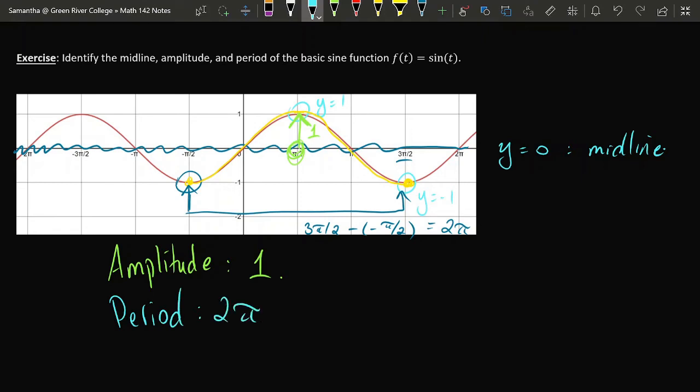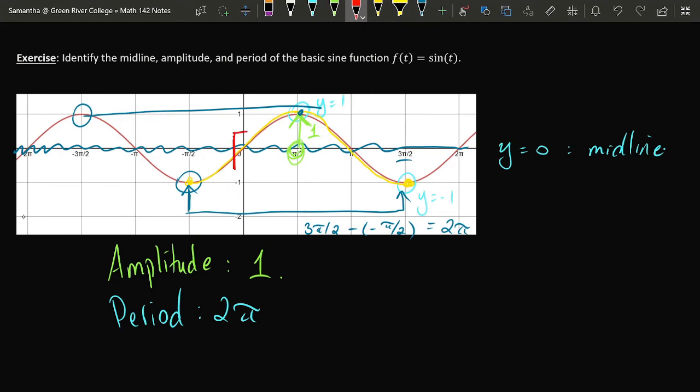Now, I just decided to look at the period by comparing the distance between lowest points, but you could also figure out the period by looking at the distance between the peaks. Or you could figure out the period by looking at the distance between any other two matching locations on this graph.